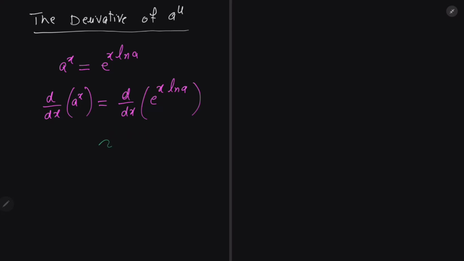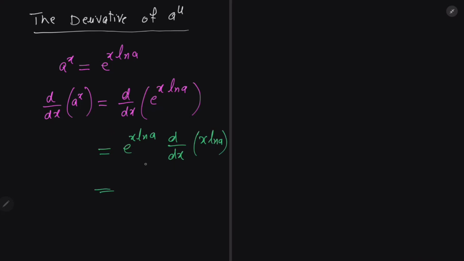Then apply the derivative on the right hand side. We have e to the x natural log of a. Since it is an exponential function, it remains the same. Then we apply the derivative on the power, x natural log of a.